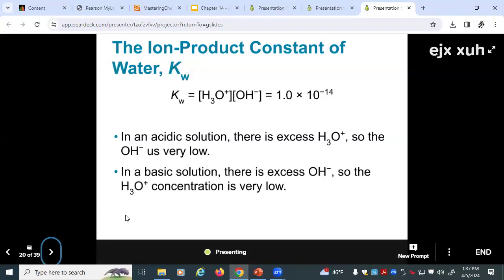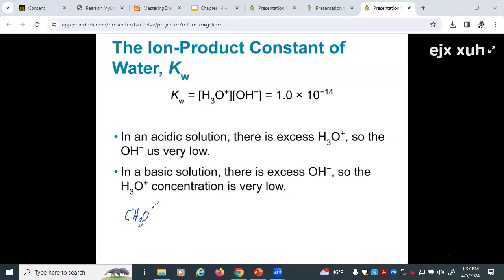So if I was interested in knowing the concentration of hydronium, but I only had the concentration of hydroxide, I would take 1 times 10 to the negative 14 and divide it by the concentration of hydroxide. And if I was interested in the concentration of hydroxide, but only had hydronium information, I could take the same 1 times 10 to the negative 14 and divide it by the hydronium concentration.